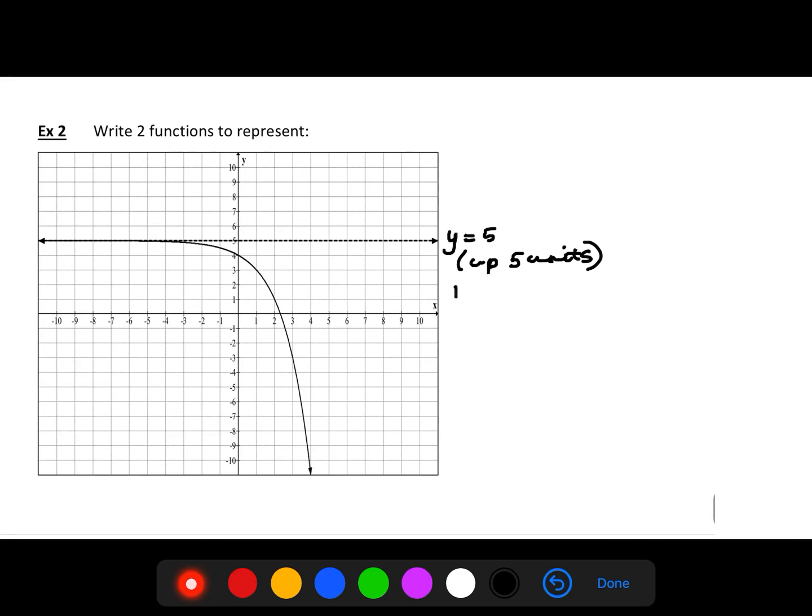We also recognize that our exponential function goes down. So we have a reflection in the x-axis, which means we have a negative y. Our y values have changed from negatives to positives and vice versa.